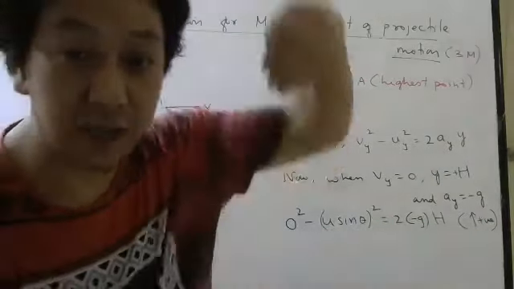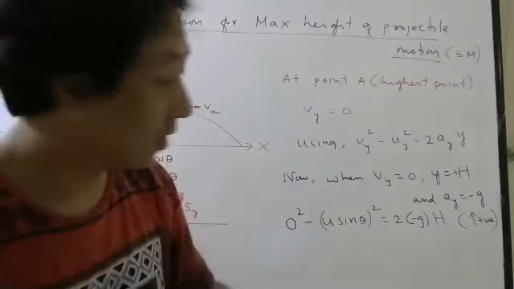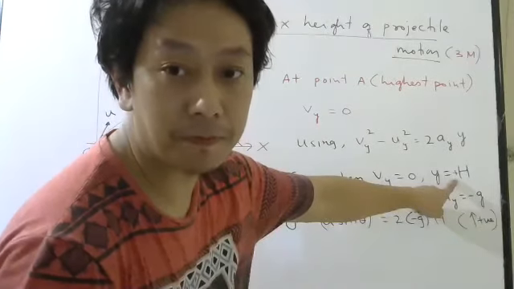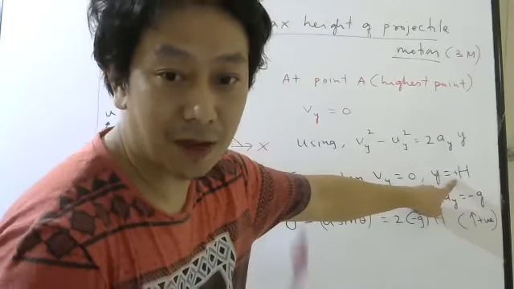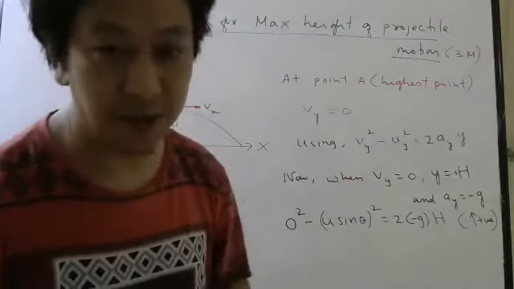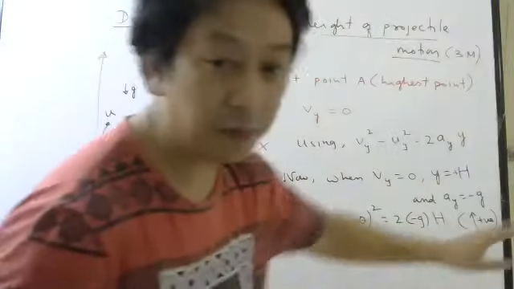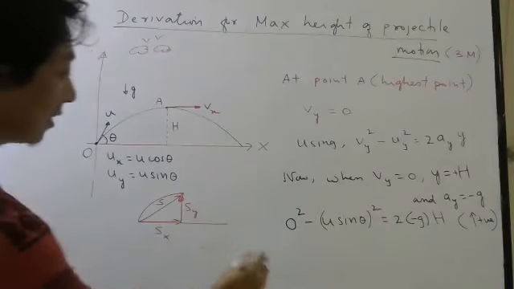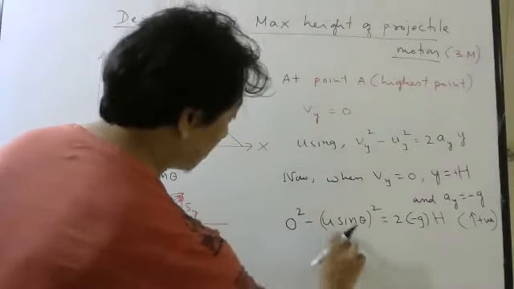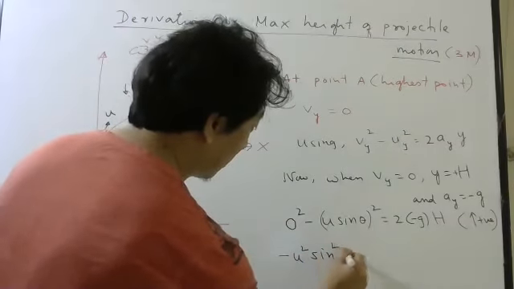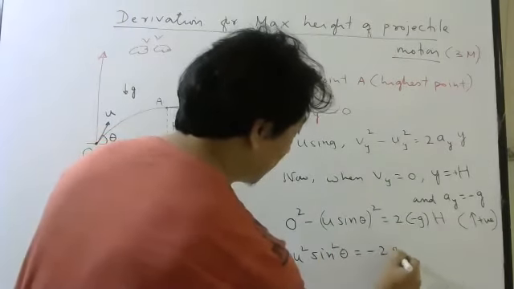Those who want to take downward positive, then you write plus here, and here what you have to write? Minus. Okay, that is your wish. But as per NCERT, they take upward positive. So done now. 0 minus this will be minus only. u square sine square theta equals minus 2gh.